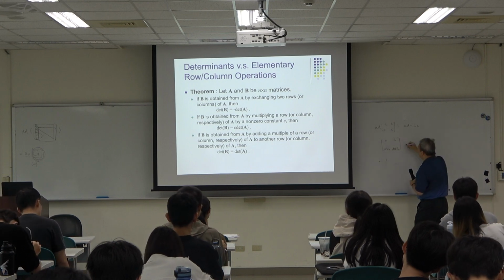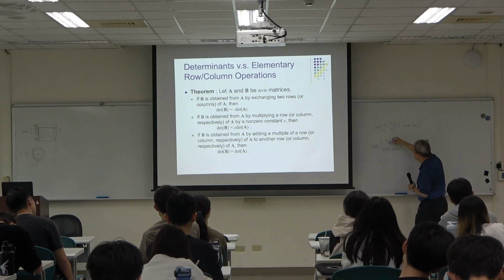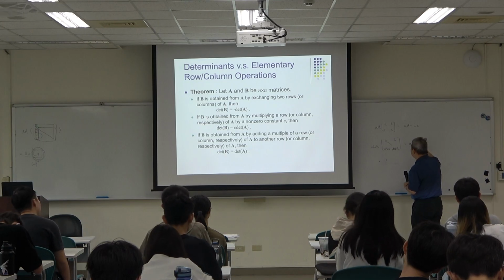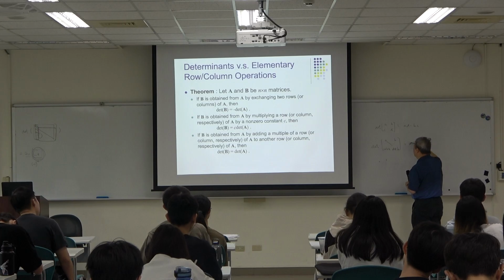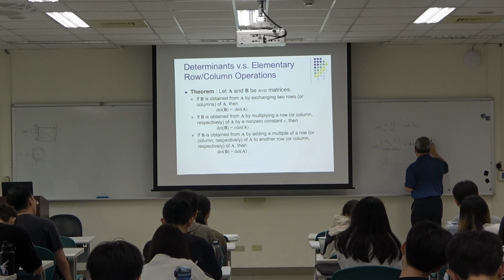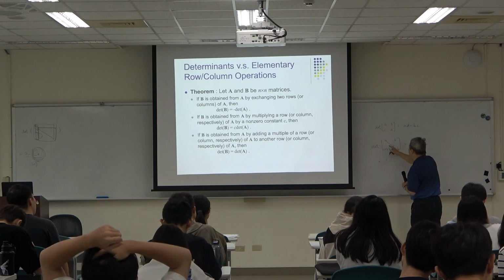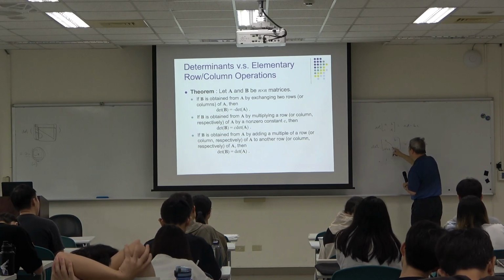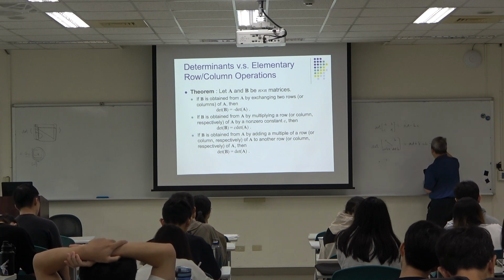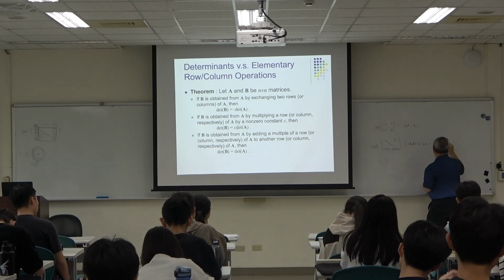The determinant of that is a times (d plus k b) minus b times (c plus k a), which is ad plus kab minus bc minus kab.